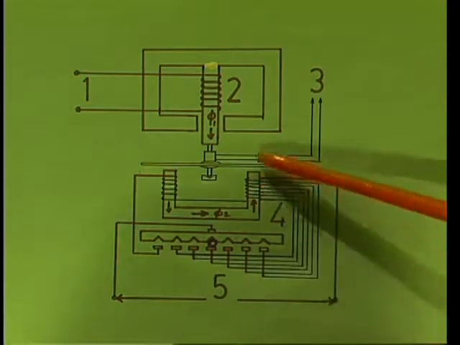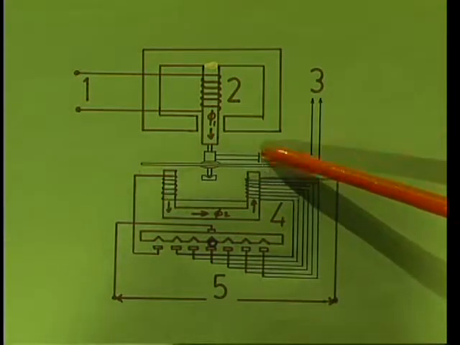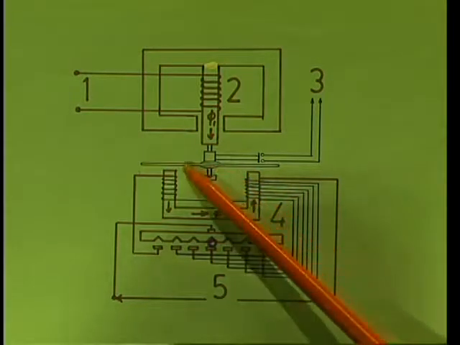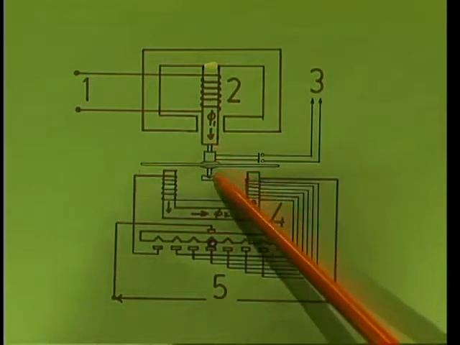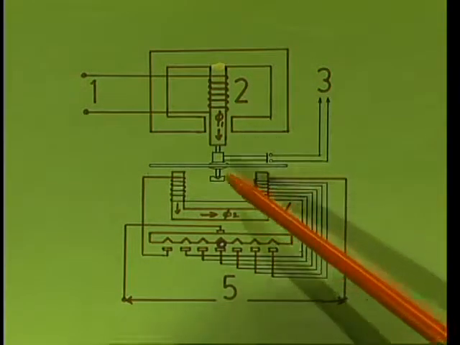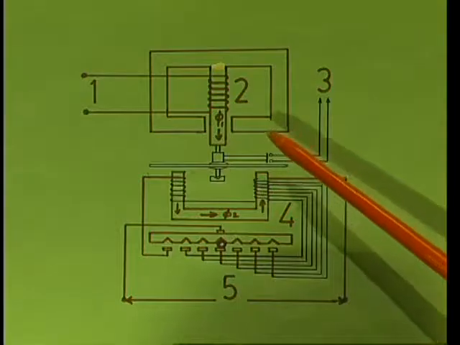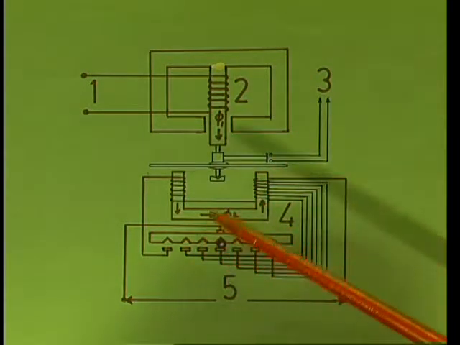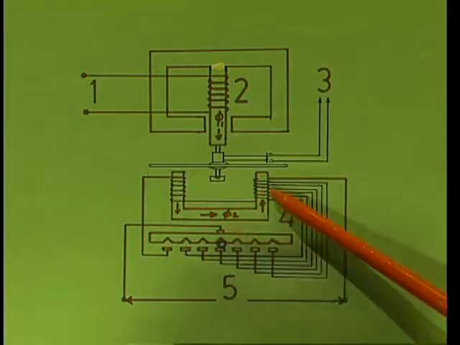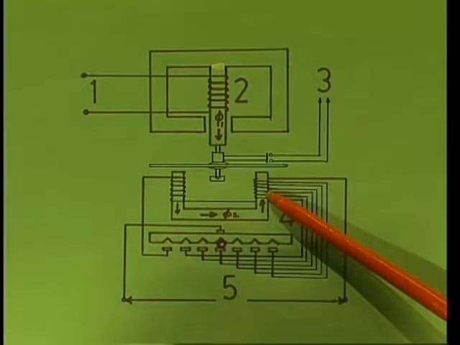Here is the moving contact, the bar attached to the spindle of the disc. This is the spindle and here is the disc, where the disc rotates between the upper and lower electromagnets. The lower electromagnet is provided with another winding, called the current coil.